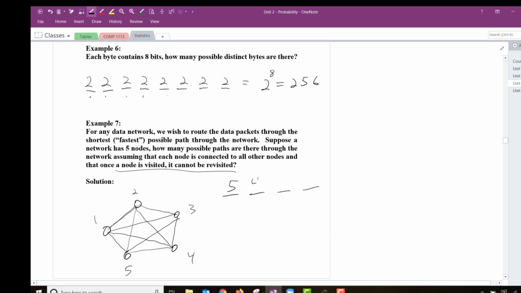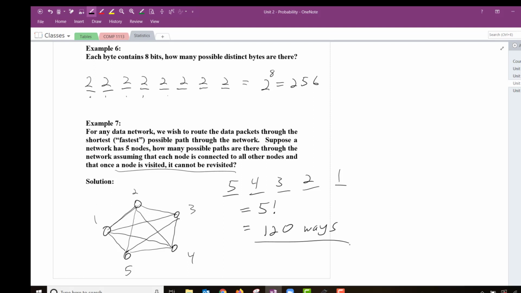And then after that, there will be 4 left, and then 3, and then 2, and then 1. And that will give us all the possible paths through our network. I guess that's otherwise known as 5 factorial, which is 20 times 6, 120. So there are 120 different ways to get through this network.